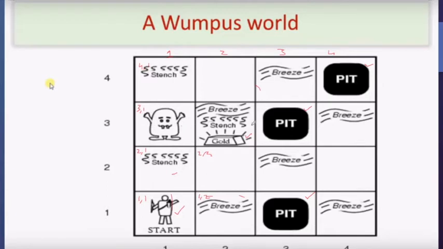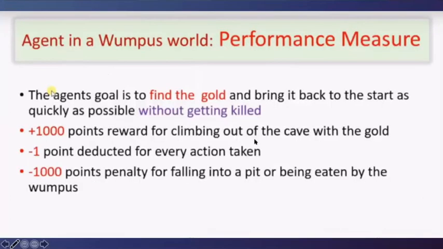So these senses will come to you if in the adjacent blocks there is a monster, or a pit, or a gold. This particular Wumpus World has different rules and regulations. Let's see one by one.